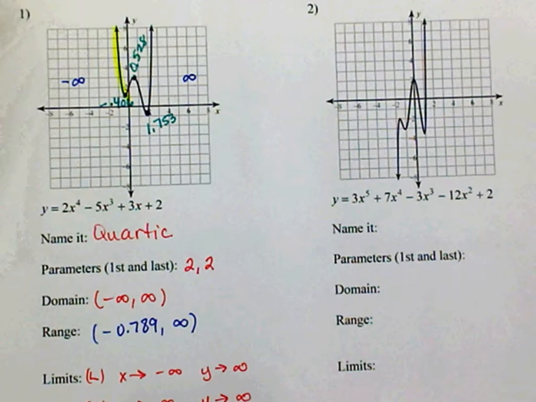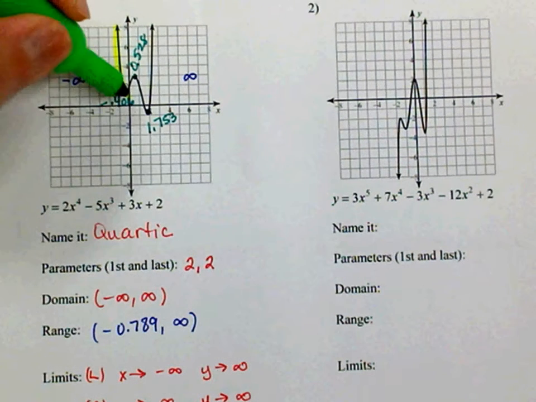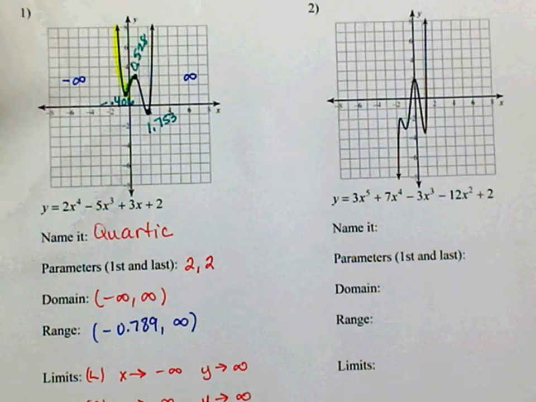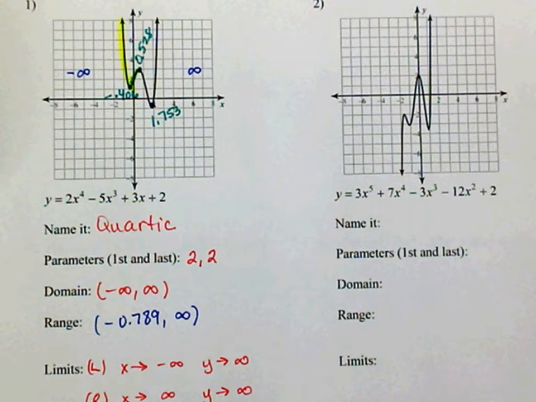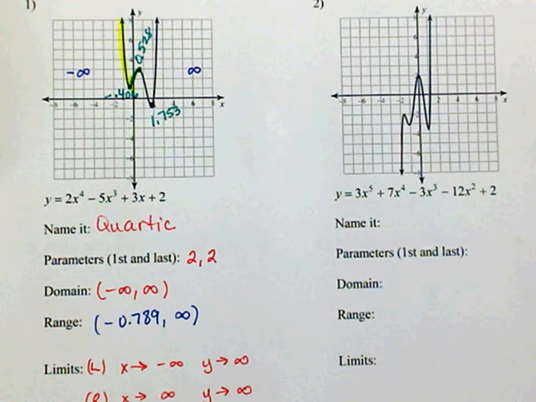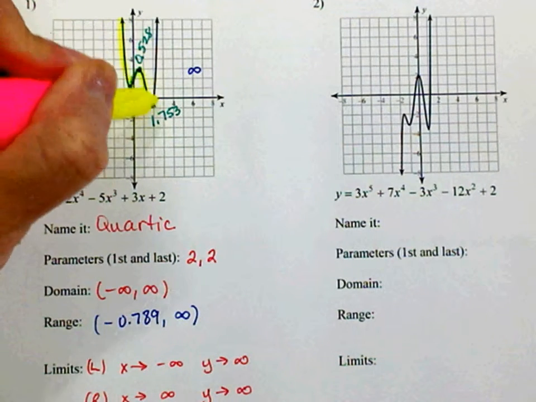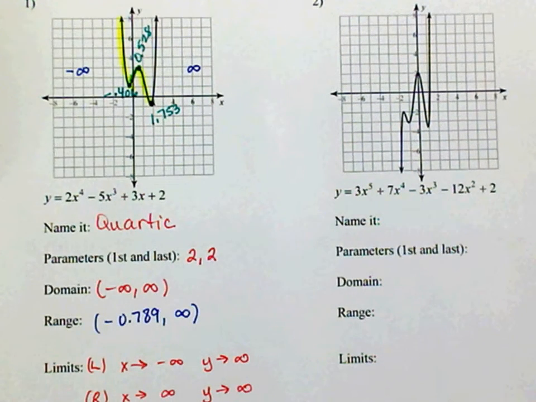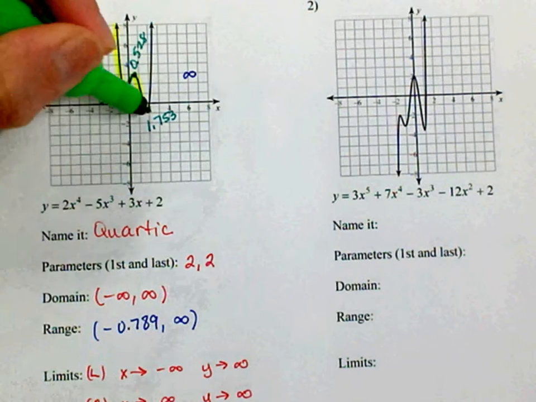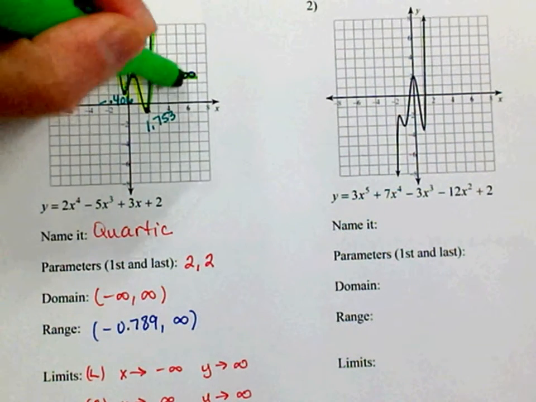That's interval decreasing. From here to right here is your interval decreasing. So decreasing, increasing. Always read from left to right. From here to here, you are decreasing. And from 1.753 all the way to infinity, you are increasing.